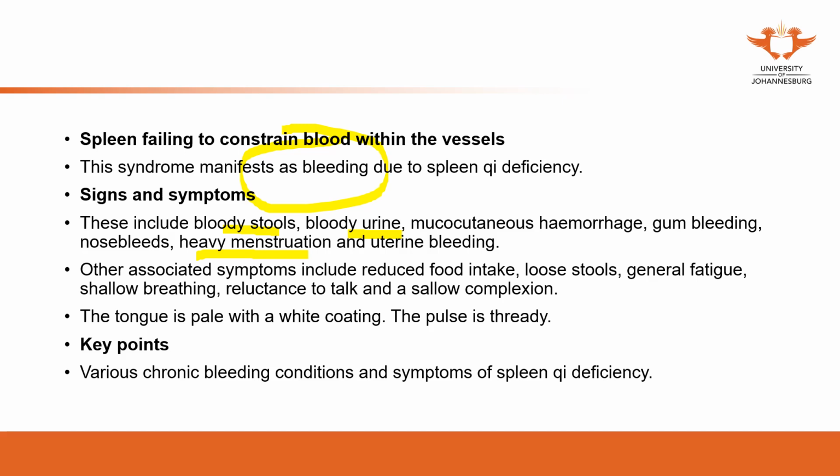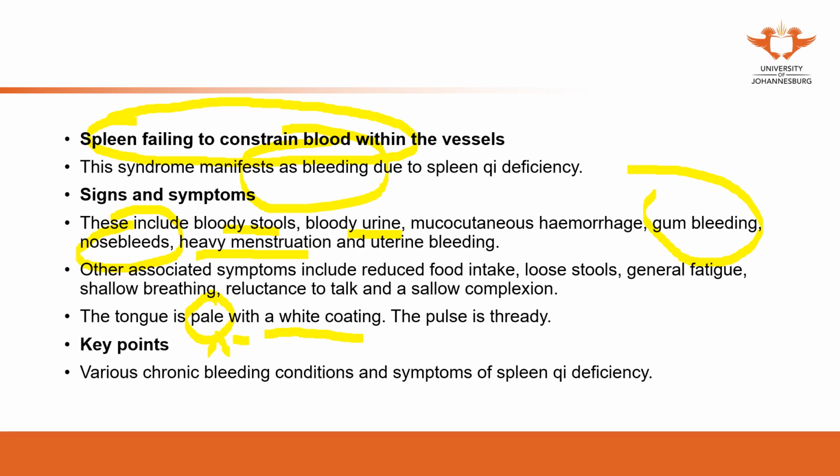Also, you can see gum bleeding and nose bleeding, which are in the upper part of the body. The patient may also have these symptoms, but when the patient has gum bleeding or nose bleeding from the spleen failing to constrain the blood, the patient must have a pale tongue, with white coating or not, but it must be a pale tongue.